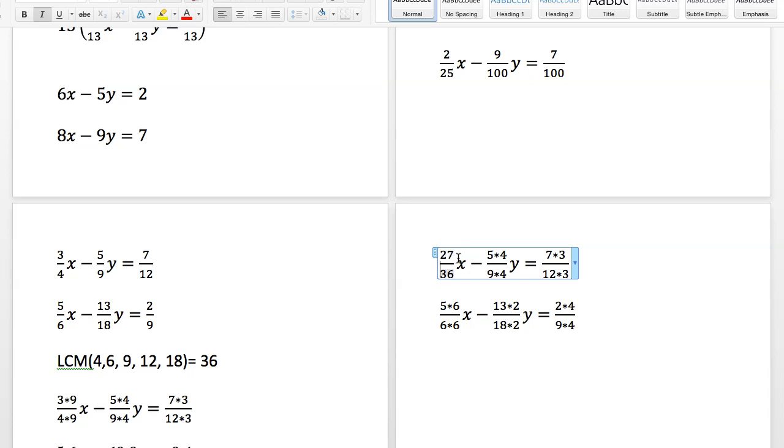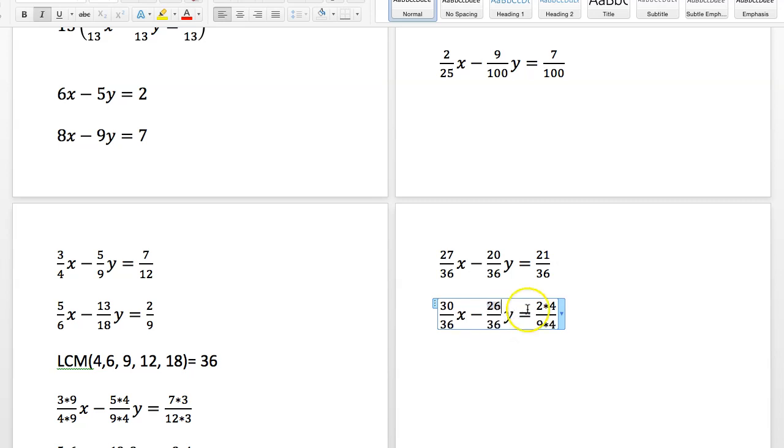Well, of course we got 36. That was the whole point, right down here. Now 5 times 4 is 20, and we know who the bottom is. Now 7 times 3 is 21, and of course we know who's down here. 5 times 6 is 30. 6 times 6 is 36. 18 times 2 is, well, 36. 13 times 2 is 26.